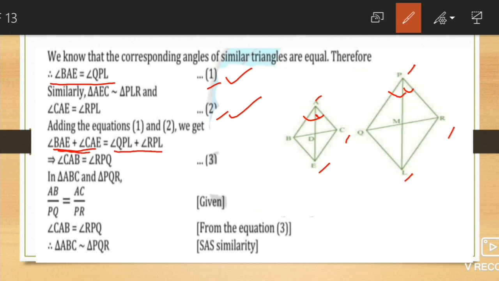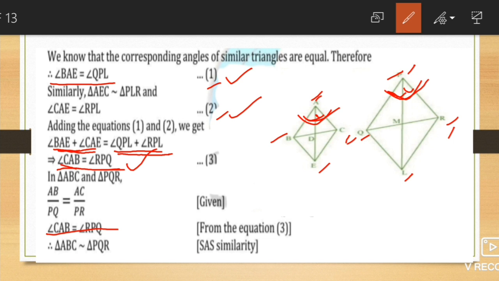That means in the figure, BAE plus CAE is the total angle A, and QPL plus RPL is the total angle P. That means angle CAB is equal to angle RPQ, that means angle A is equal to angle P.